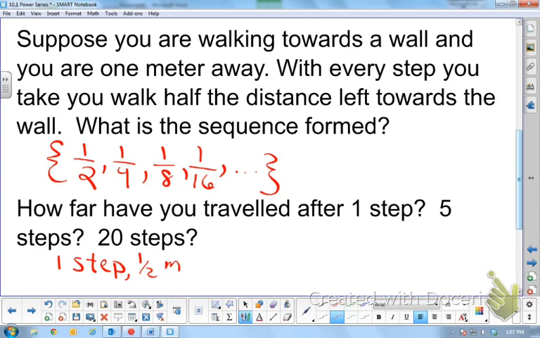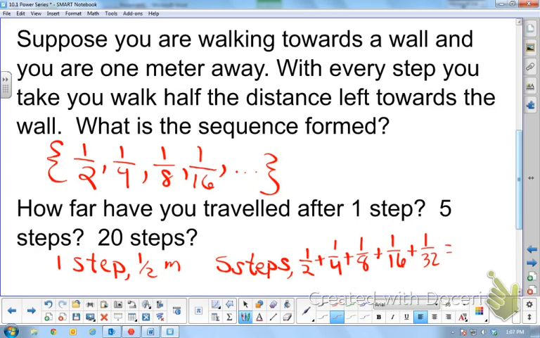Add the first 5 terms together. So 5 steps would be 1/2 plus 1/4 plus 1/8 plus 1/16 plus 1/32. Yeah, that's 5 steps.